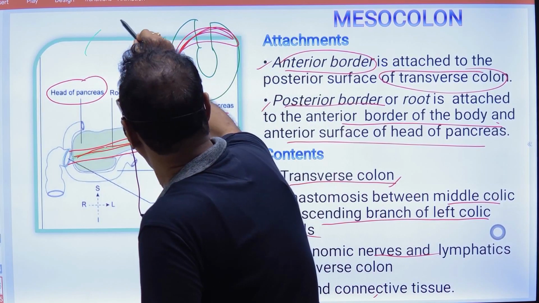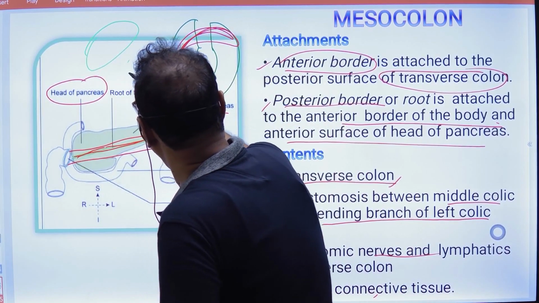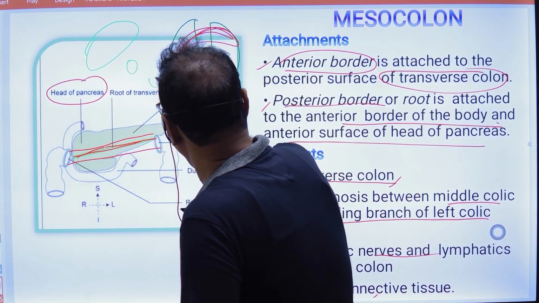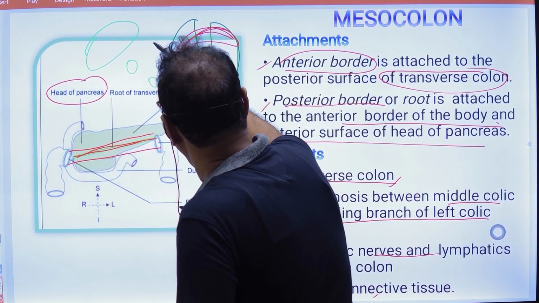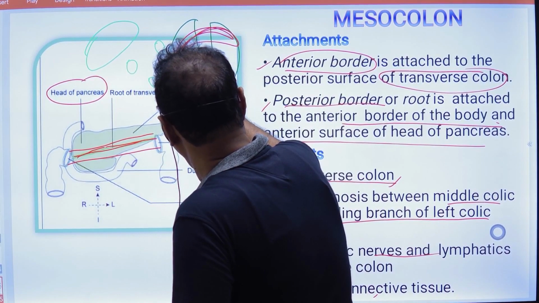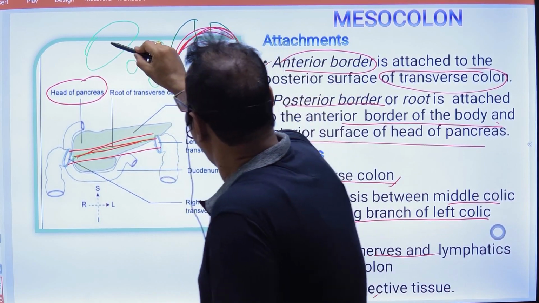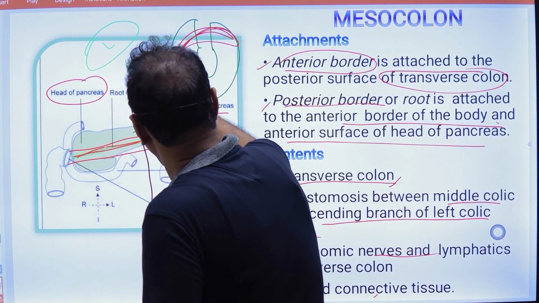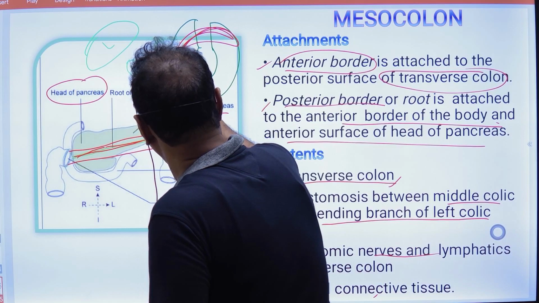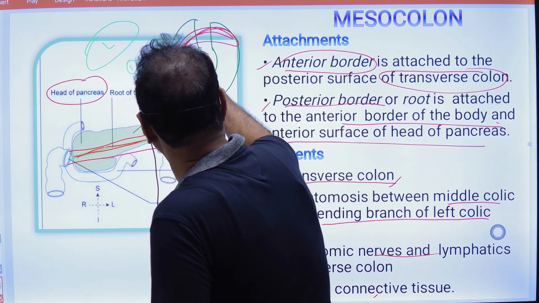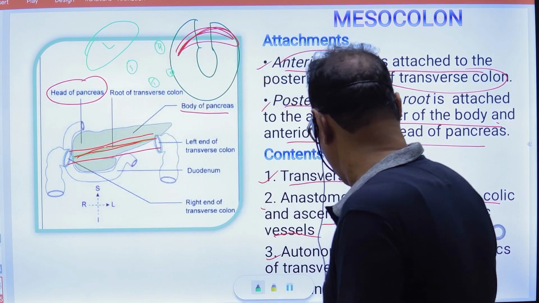You have got the liver over here. Then we have got the stomach, and the transverse colon. We have got the pancreas over here, and we have got the duodenum over here.